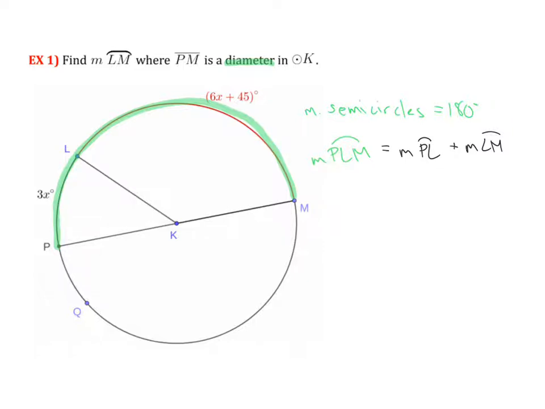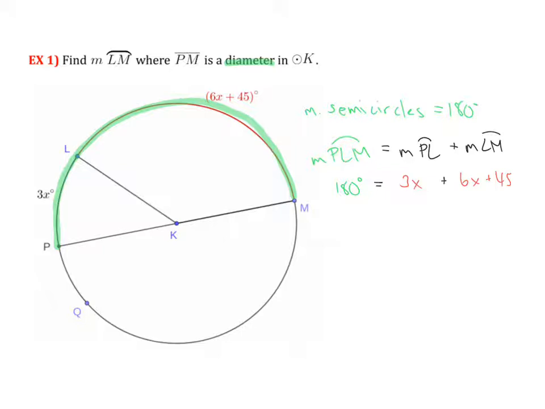And now we can go ahead and substitute. Again, arc PLM is a semicircle, so it's 180 degrees. And this will be equal to the measure of arc PL, which is 3x, plus the measure of arc LM, which is 6x plus 45.